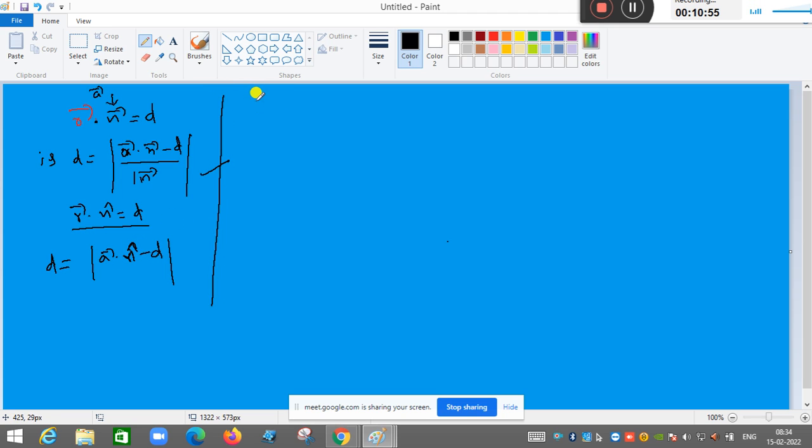Next, suppose the plane equation ax plus by plus cz equal to d. This plane is given and a point x1, y1, z1.